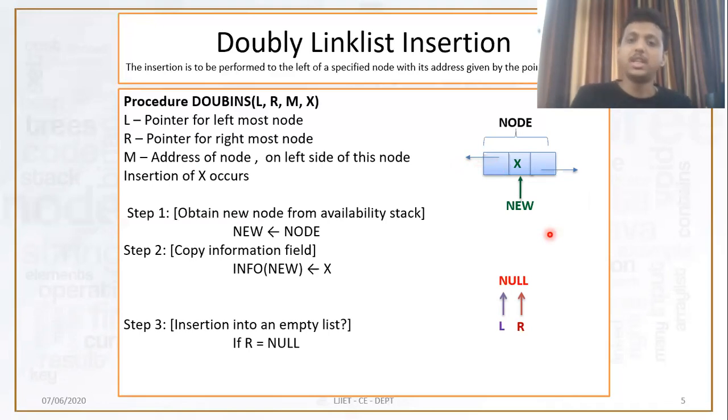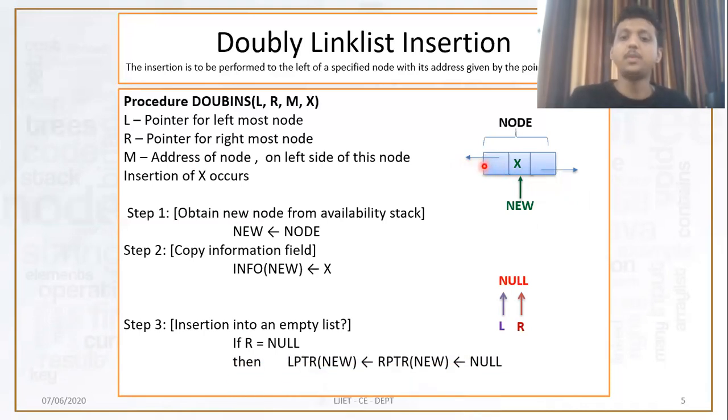Now, this is my first node and also my last node, because only one node is there in the list. It becomes my leftmost node and my rightmost node. That means the left pointer of the new node points to null, and the right pointer of the new node points to null.